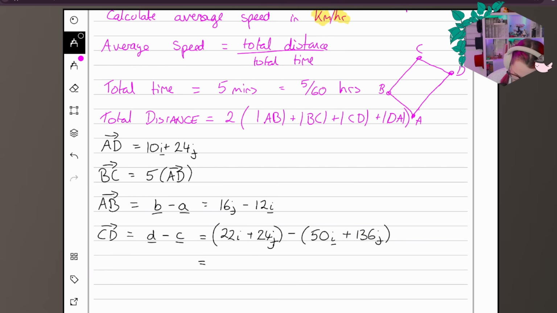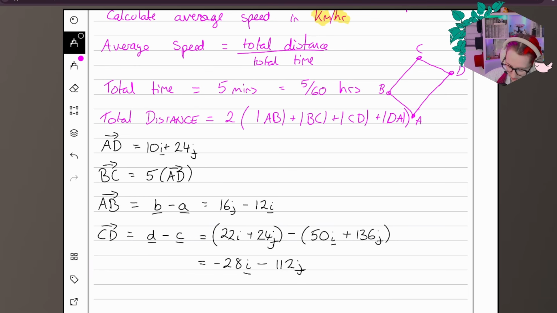So if I do this, 22 minus 50 is minus 28, I can do maths, minus 28i, and 24 minus 136 is going to be minus 112j. Okay, so we have all of our vectors, but what we said was we wanted the distances.